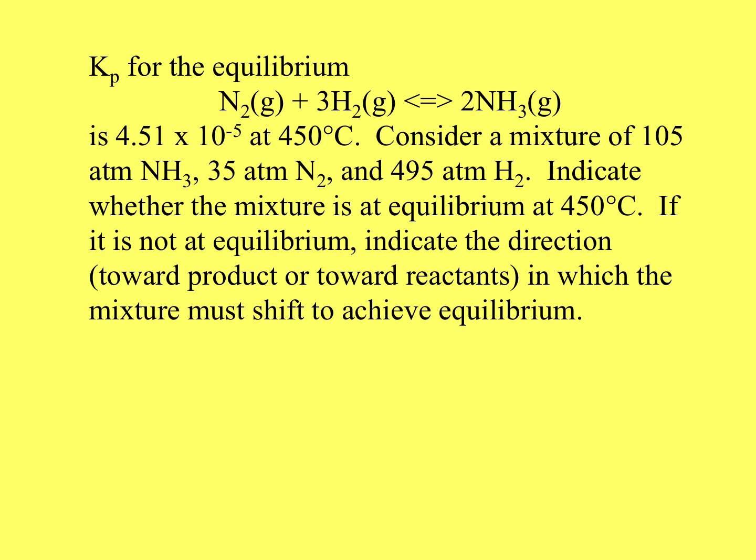Okay, so the question specifically asks, if it is not at equilibrium, indicate the direction in which the mixture must shift to achieve equilibrium. And notice here that it is giving you KP.